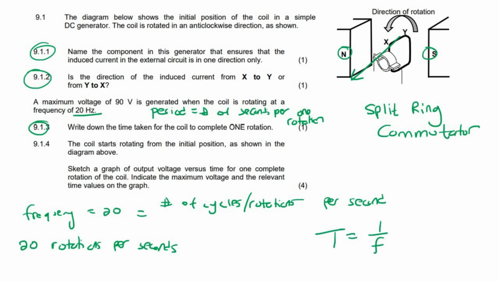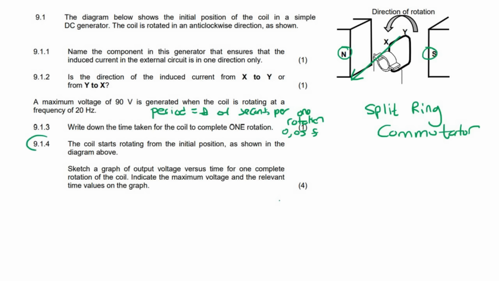So we're going to say 1 over 20, and that will be 0.05 seconds. So the answer will be 0.05. That is how many seconds it will take to do one rotation. So then in a whole second, it'll be able to do 20 of them.